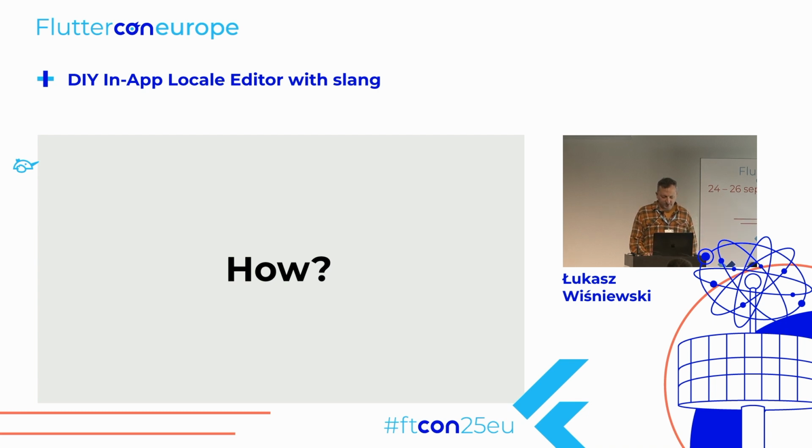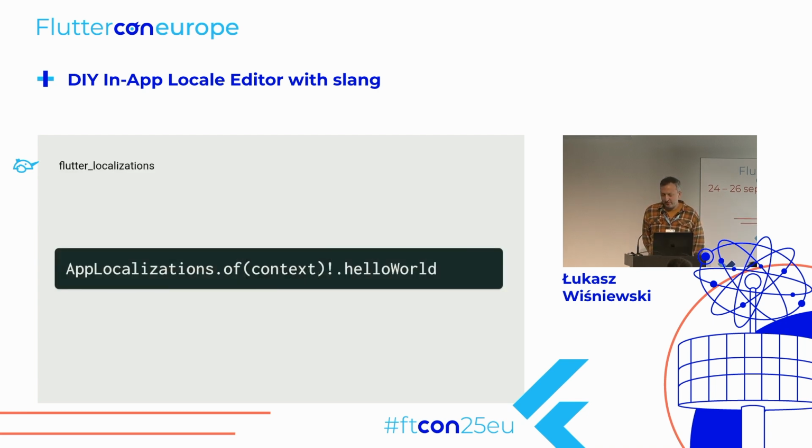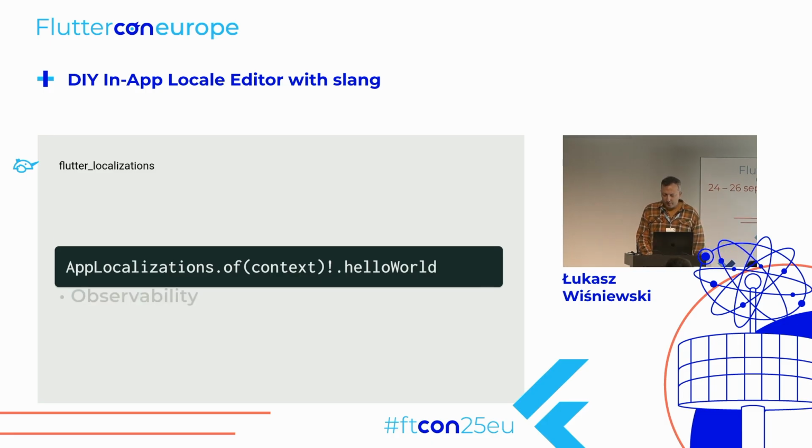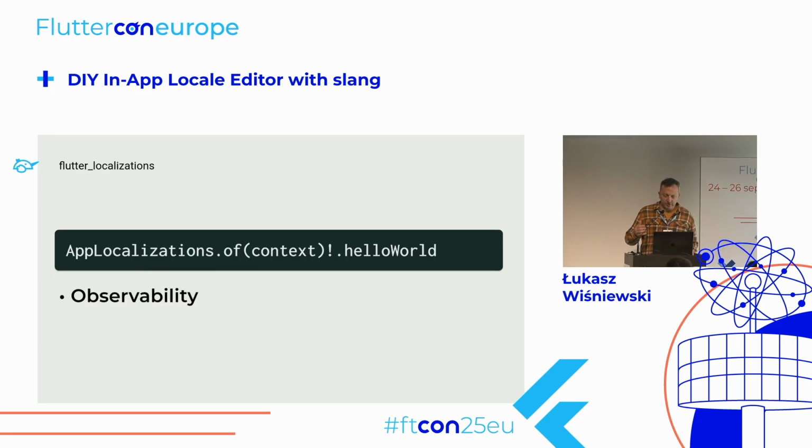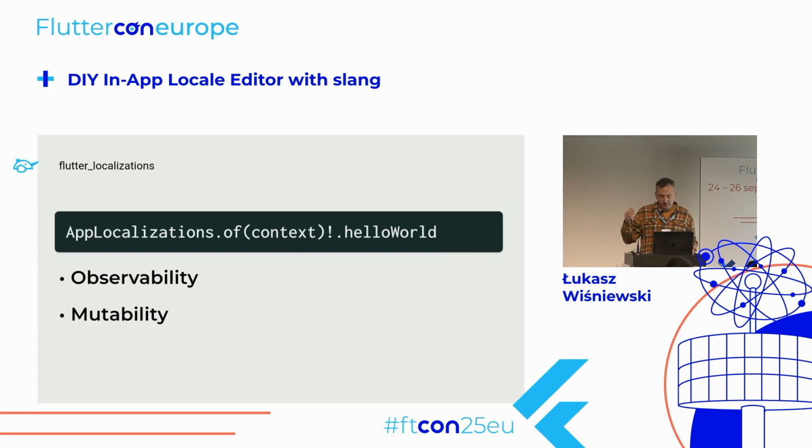Let's get to hacking. This is the standard way of doing strings in Flutter. You have app localizations, you read from context, and you get some value. We will need to be able to tell when a given string is visible on the screen, and also we want to be able to change that string.